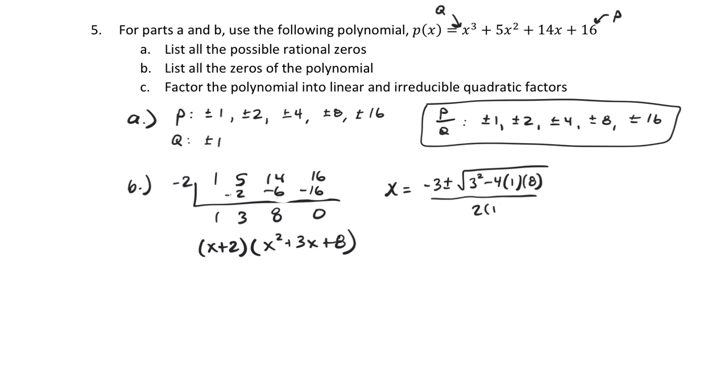Two times 1. So 4 times 8, that's 32. 3 squared is 9. 9 minus 32 is negative 23. And the square root of 23 doesn't simplify, but we have to take out that minus sign.